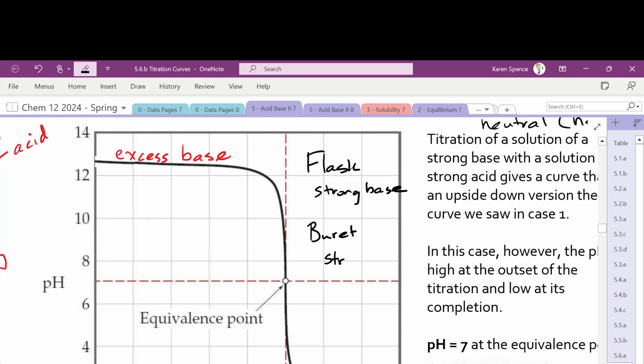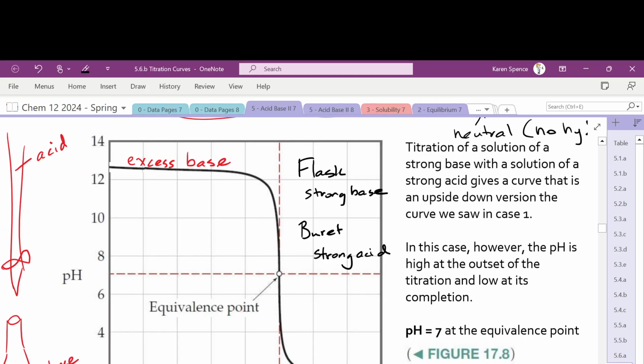Because again, there's no hill. The hill would go the other way this time. So this is a strong, strong titration. No hill, therefore strong, strong.